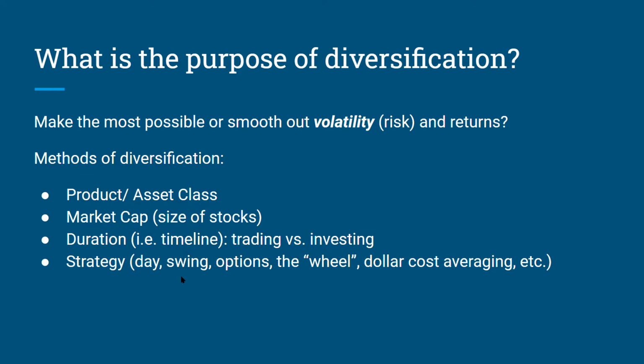Day trading, swing trading, using options, aka the wheel, which we'll talk about, I think, in level 4. I go into talking about the wheel strategy using options. But in this particular video, we're focused on the simplest way, which is dollar cost averaging when investing.